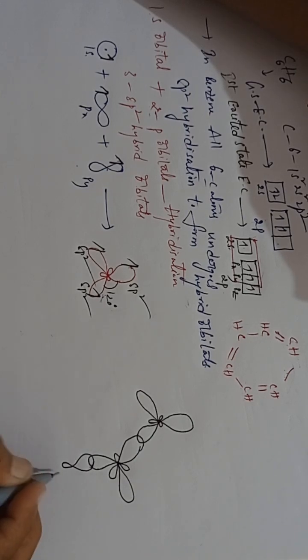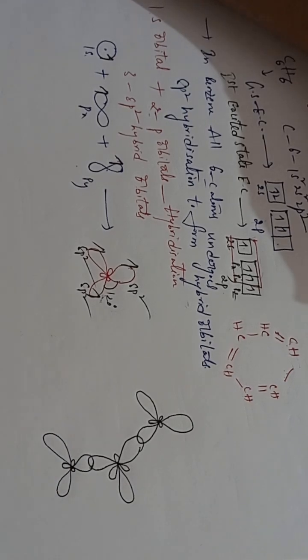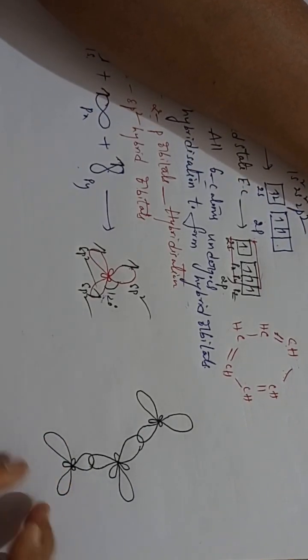sp2 hybridized orbital, sp2 hybridized orbital. So 3 carbons completed.